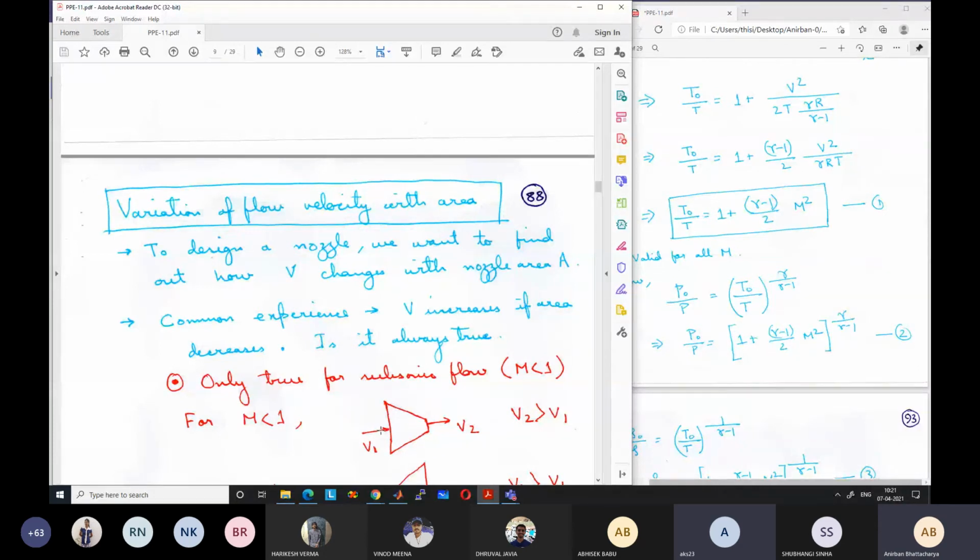T0 is equal to T plus V square by 2Cp. So if static pressure is 100 kilopascal, stagnation pressure also has to be 100 kilopascal.